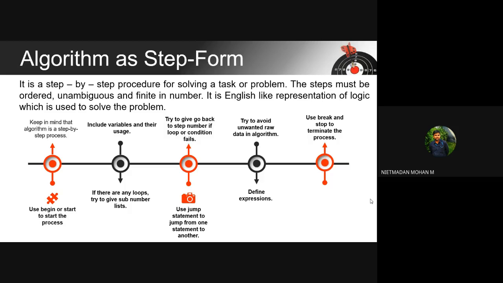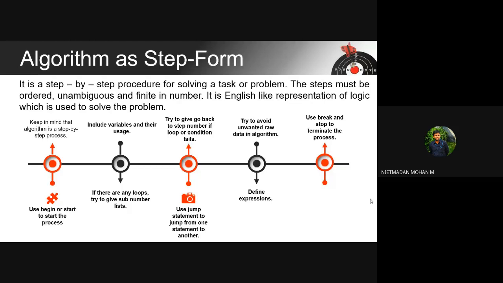Try to go back to a step number if the loop or condition fails. That was mentioned in the iteration process. If the condition is true, the loop will execute automatically. If the condition is false, then you want to clearly mention in which step the loop is to be continued. Use a jump statement to jump from one statement to another statement. So these are the keywords here.